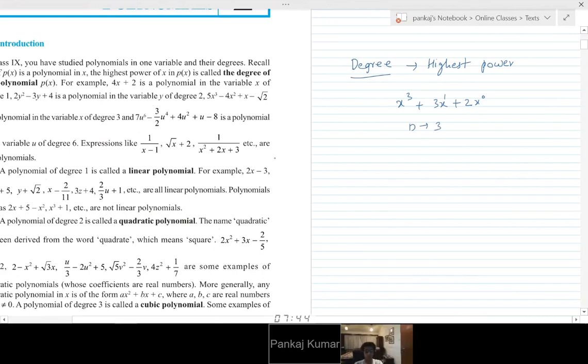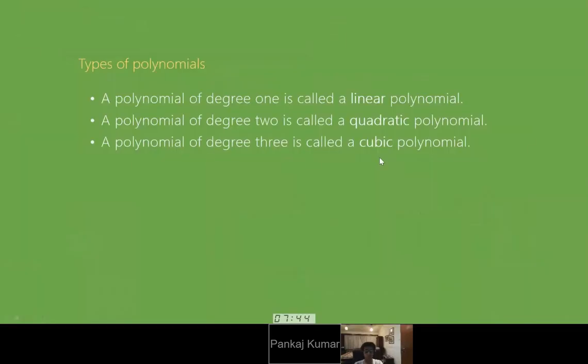So when we have degree as 1, that is called a linear polynomial. This is from the 9th class, no need to note it. Just revising because it will help.